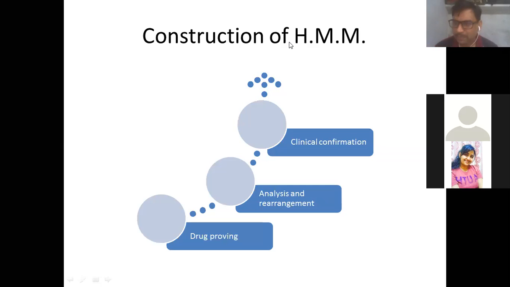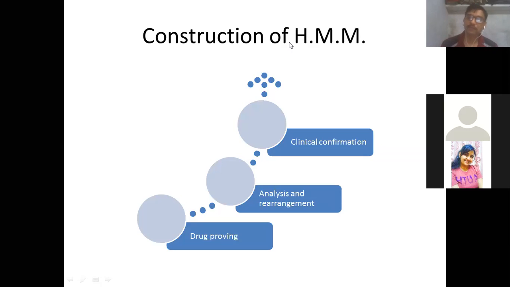For example, if there is a pain in the head, it simply indicates the effect of this specific drug on the head, so it is rearranged under the heading of head. A symptom of pain in the abdomen is rearranged under abdomen. If a symptom is felt in the eyes, it is rearranged under eye, and so on.